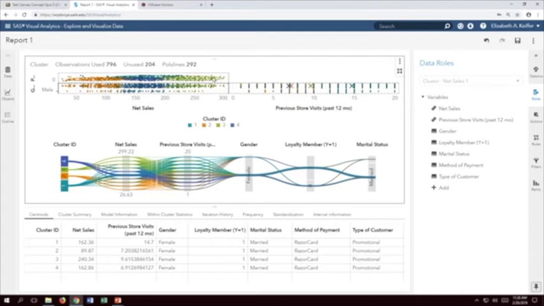This green ellipse, ID 3, these are our higher spenders, which we could have told by these values right here. 3 has an average of $240, so these are our higher spenders. Cluster 2 are our lower spenders, which makes sense. They have an average of $89.90.